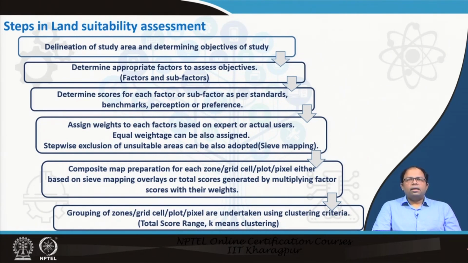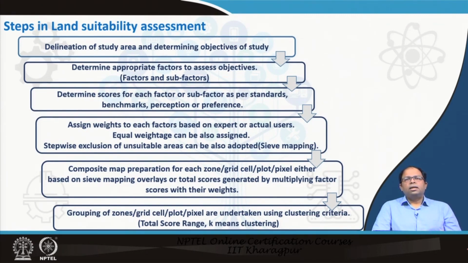It could be done by assuming certain ranges for the total score generated by multiplying factors with weights. Like if the total value ranges from 1 to 4, then we can create ranges 0 to 1, 1 to 2, 2 to 3, and 3 to 4.